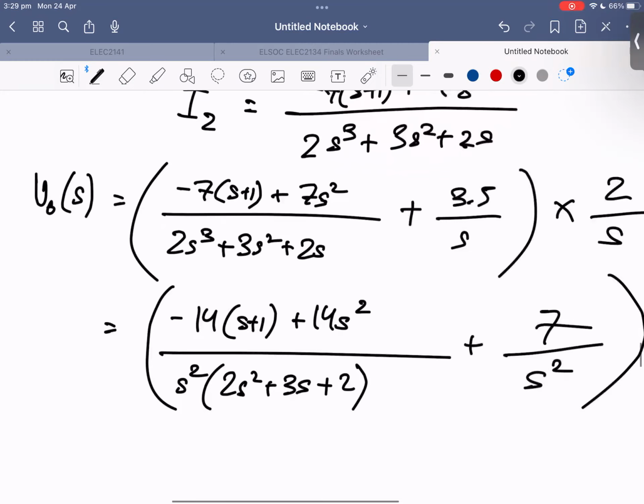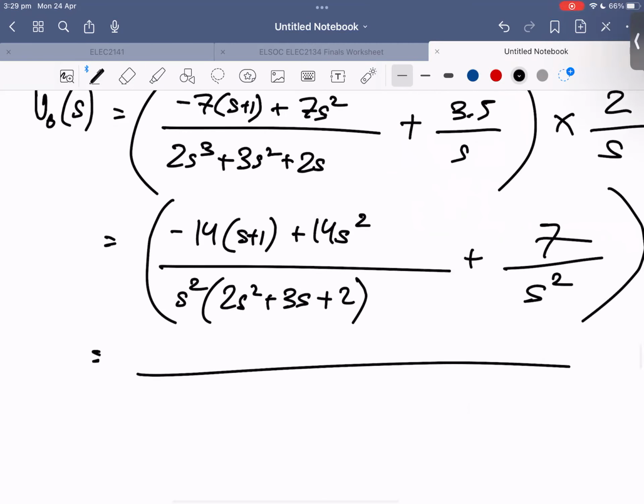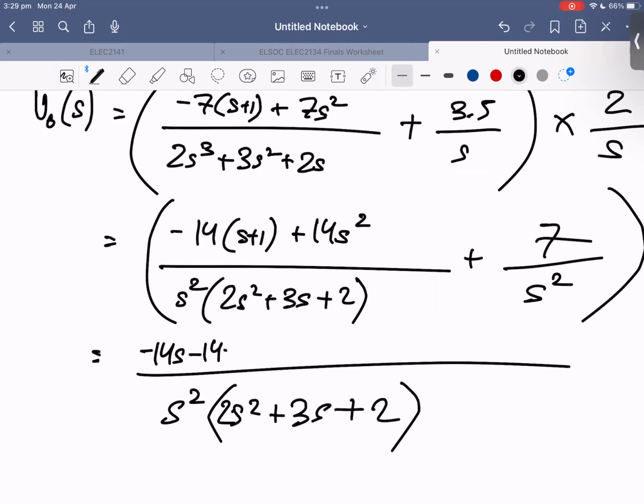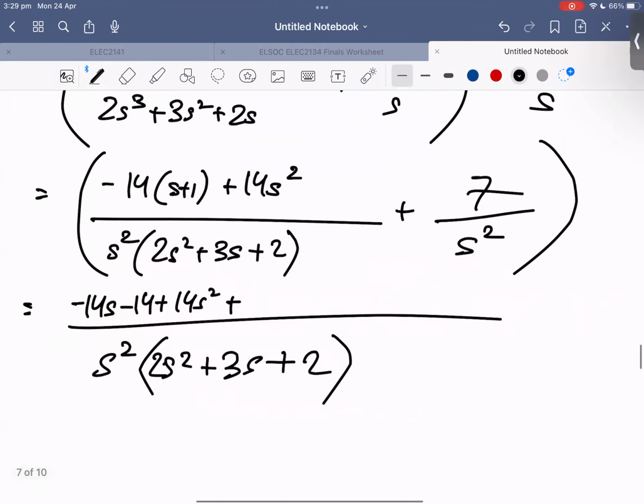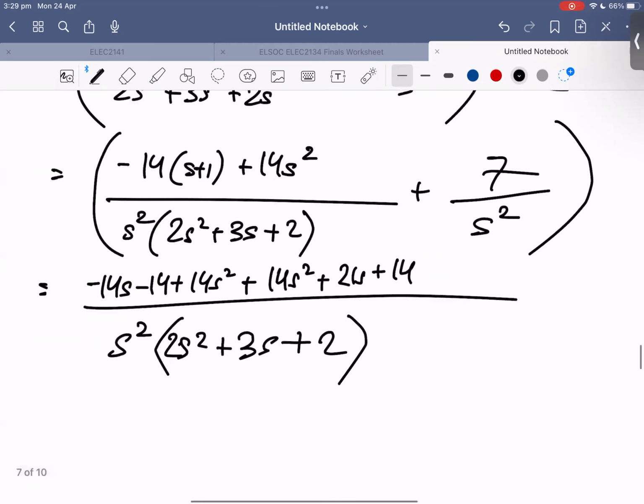So let me just make a common denominator. So 2S squared plus 3S plus 2. So I've got 14S minus 14 plus 14S squared plus, and if I make a common denominator, it should give me 14S squared plus 21S plus 14.